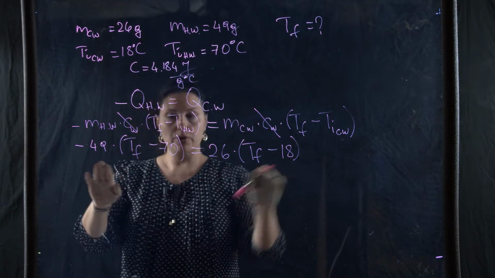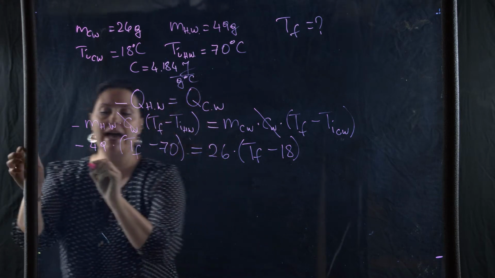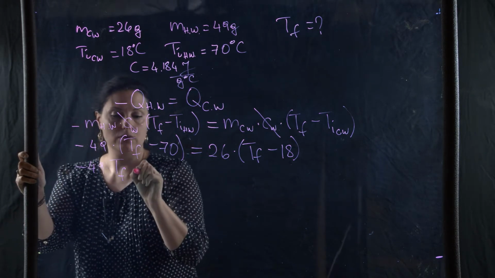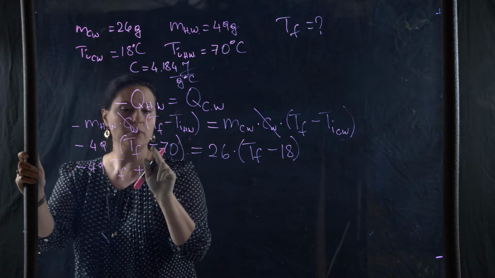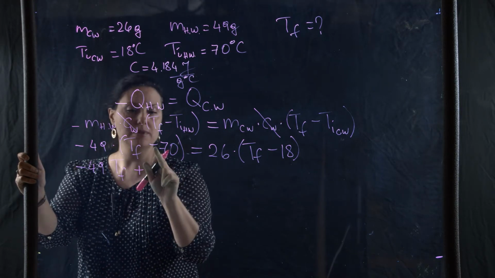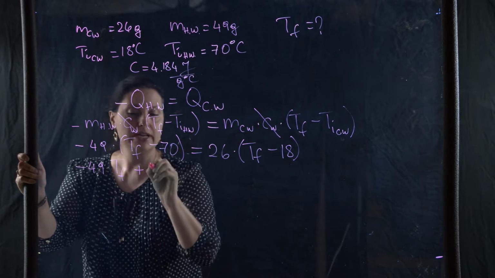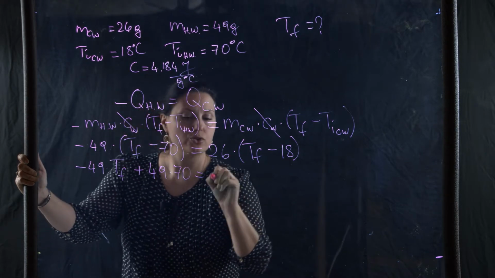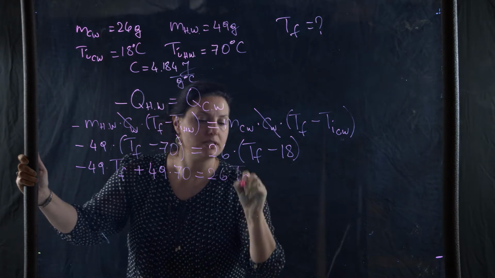Now I can distribute across the parentheses. So I have minus 49 times T final plus, because I have a minus multiplied by a minus, which makes a plus, 49 times 70 is equal to 26 times T final.